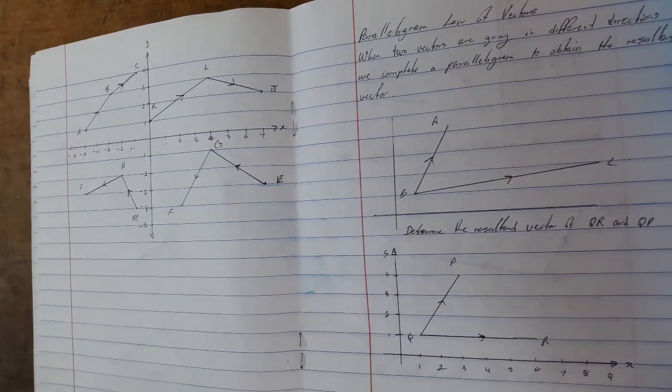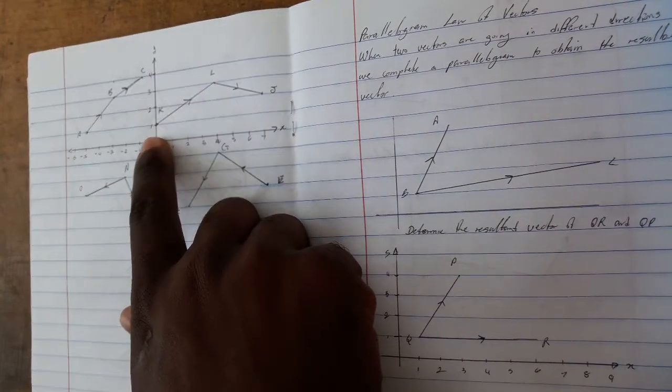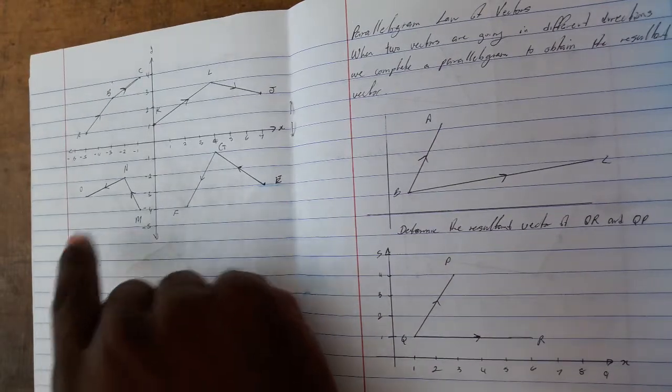So here we have vectors going in the same direction. So we have to complete a triangle with a vector going in the opposite direction. So which one will be the resultant vector for the triangle KLJ? Which one should go in the opposite direction?